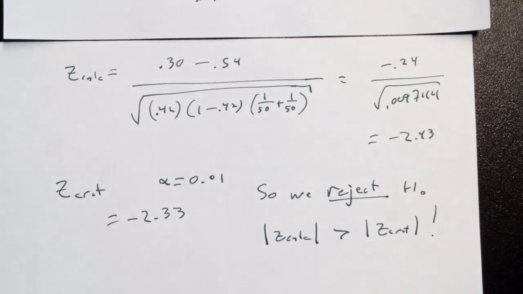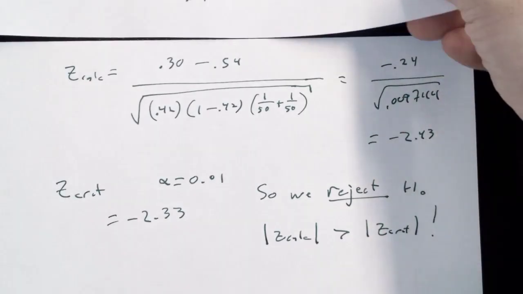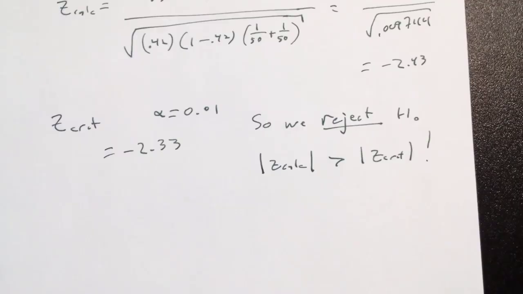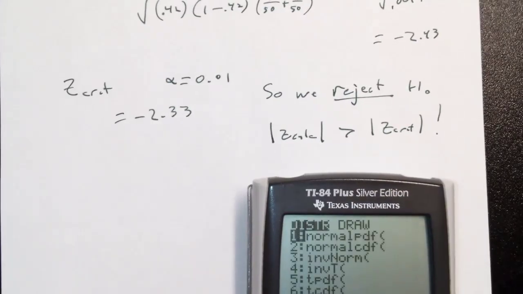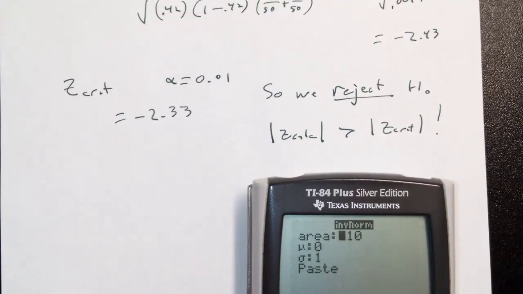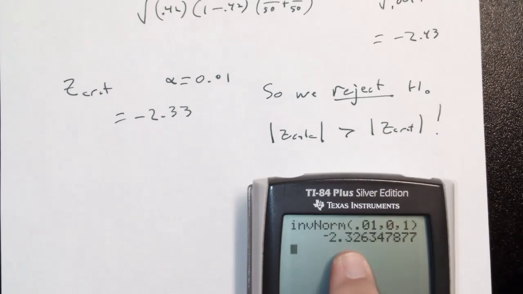Now, the other way I could do it would be to get the p-value. And the p-value, again, I'd either have to calculate that using my distribution. It's a normal, right? I want the inverse normal. The area should be 0.01. There's my Z critical, right?